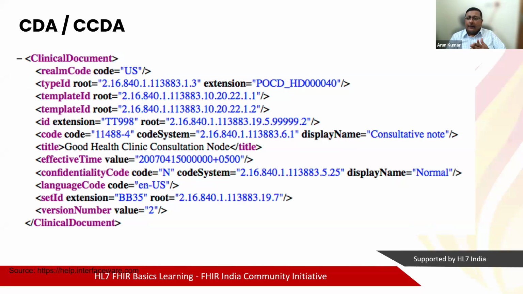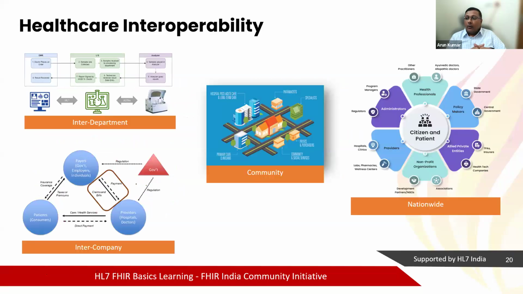Let us now try to understand where and how these standards are actually used: the ecosystem of healthcare integration. Next slide, please. What started as an inter-department data transfer in the 1980s went on to evolve into inter-company.